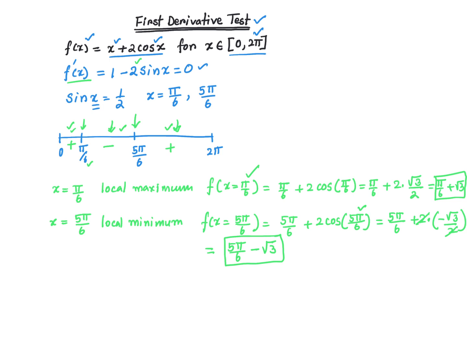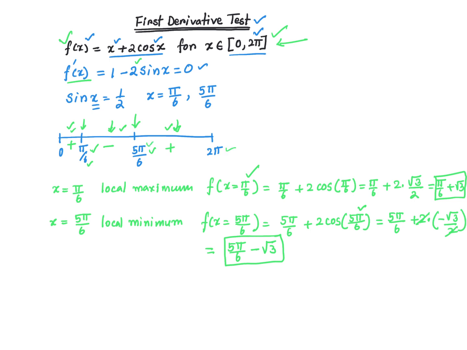So what we have done is this. We looked for extreme values for this function in this interval, and we found that there are two critical points in the interval: one is pi over 6, another is 5 pi over 6. They divide the interval into three regions: 0 to pi over 6, then pi over 6 to 5 pi over 6, and from 5 pi over 6 to 2 pi.